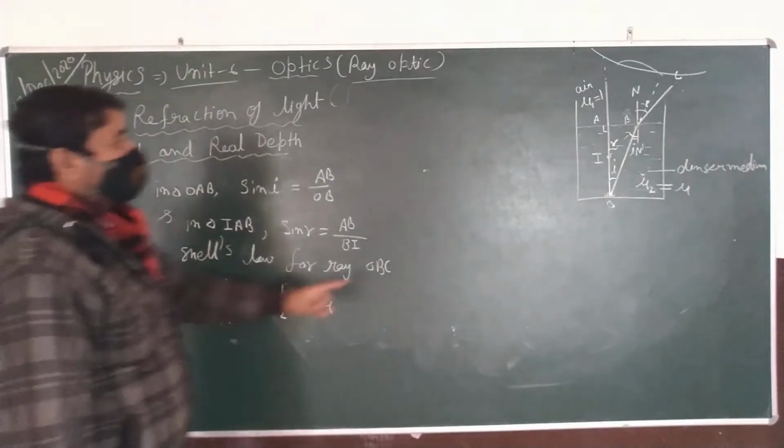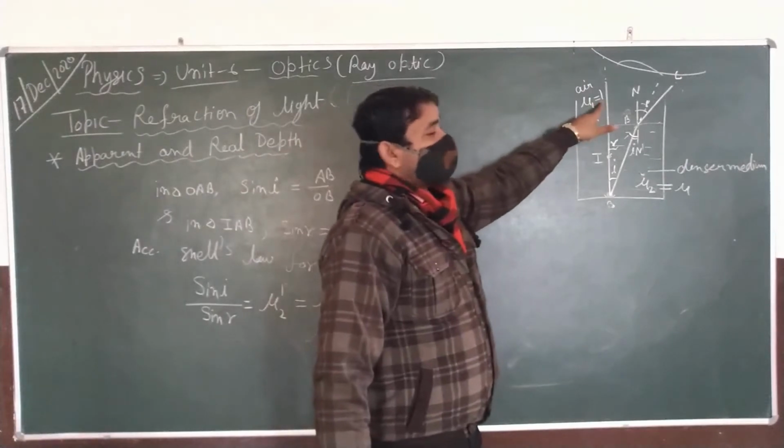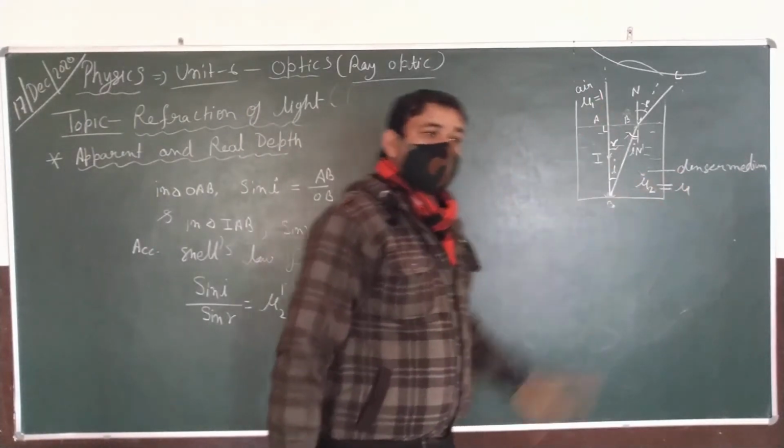Clear? As we use here, mu 1 is 1 and mu 2 is mu.